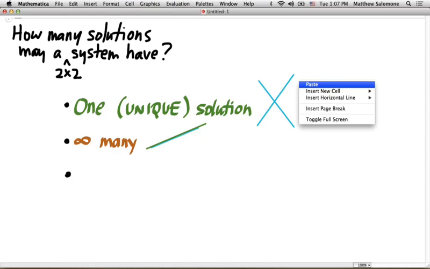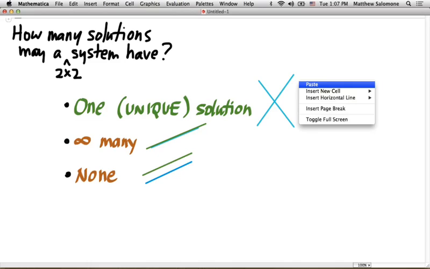And the other example, none, where we have 2 lines that are parallel but not coincident. And so that's a complete classification of the nature of the solutions of a 2x2 system. It has to be one of these 3. Either we have no solution at all, we have infinitely many solutions because the lines lie on top of each other, or we have one exact unique solution that's only one place where the 2 lines cross.